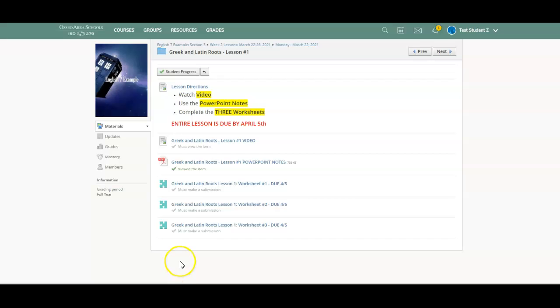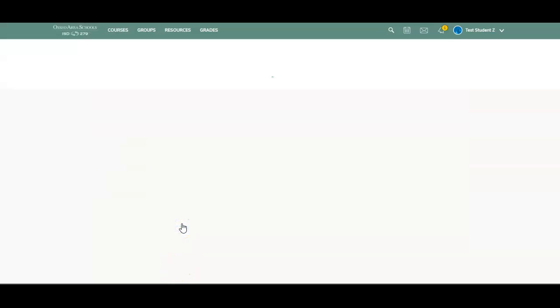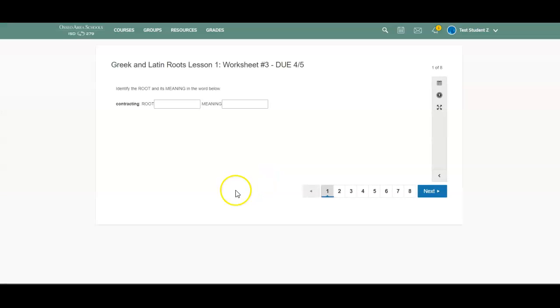Finally, let's take a look at worksheet number 3. According to the directions, I need to identify the root and its meaning in this word right here. So we have the word contracting. When I think about the 6 roots that I just learned about, I know that tract is one of those 6 roots.